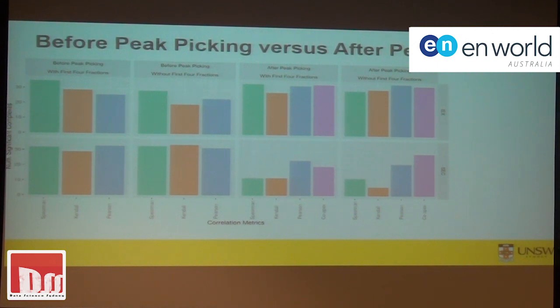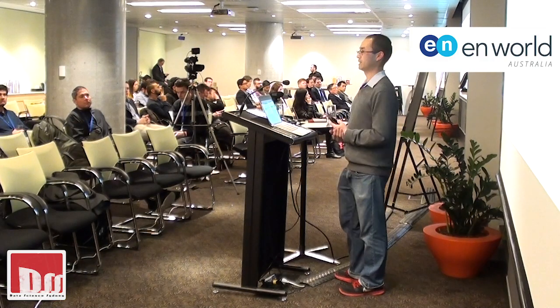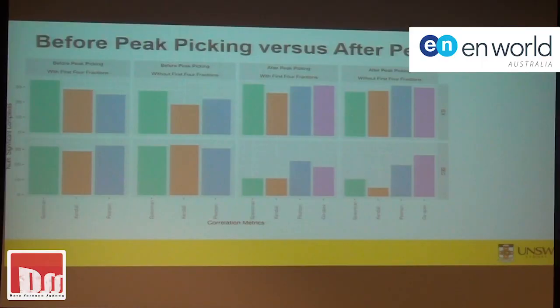So this is the result comparing before peak picking and after peak picking. On the left, you've got the results for before peak picking. On the right, you've got results for after peak picking. I also included results for including the first 4 fractions and excluding the first 4 fractions. That is because the first 4 fractions are known to interfere with the SEC data.